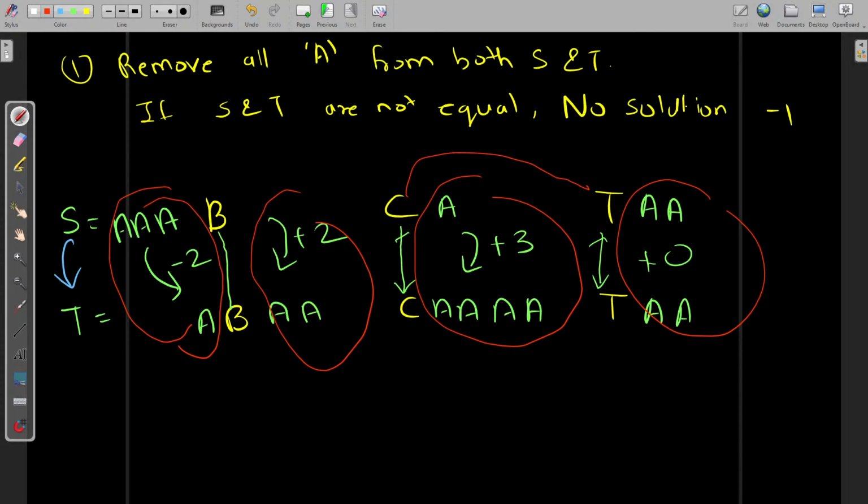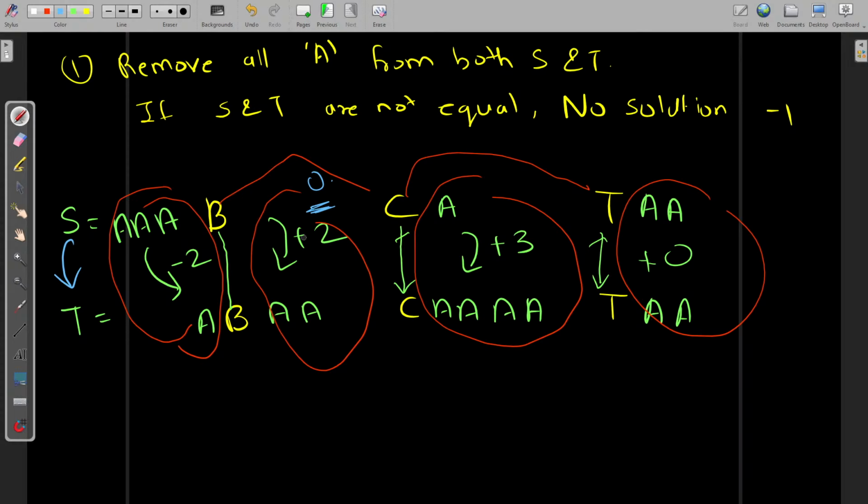Like in between these two characters, there is a group of A. Between these two characters, there is a group of A. At the end also there would be a group of A, and at the beginning also there would be a group of A. And it might be possible a group of A like here. Here there was supposed to be a group of A, but it was of size 0. Like there were no A's, but yeah, we had to add a group of A over here.